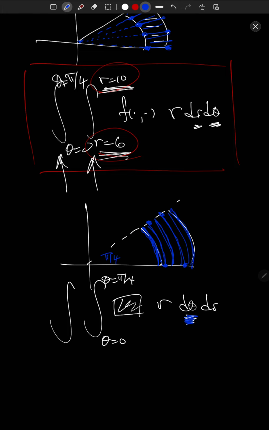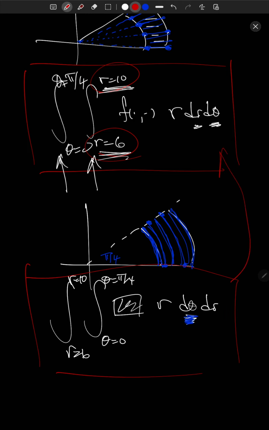The closest arc is at 6, the farthest arc is at 10, and so that's the reasoning behind r equals 6 and r equals 10 right here. Of course it's literally the same integral as above, but if you did want to reason through the d theta first and then the dr, this would be your line of reasoning.